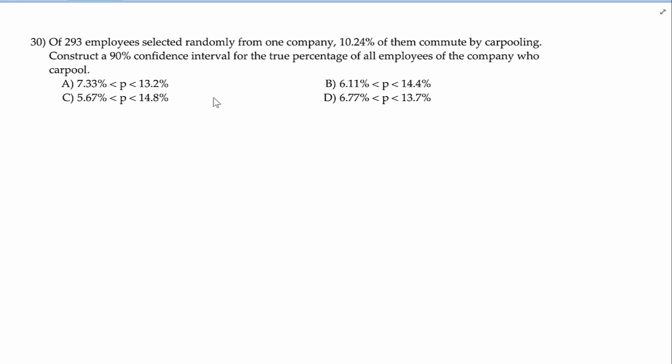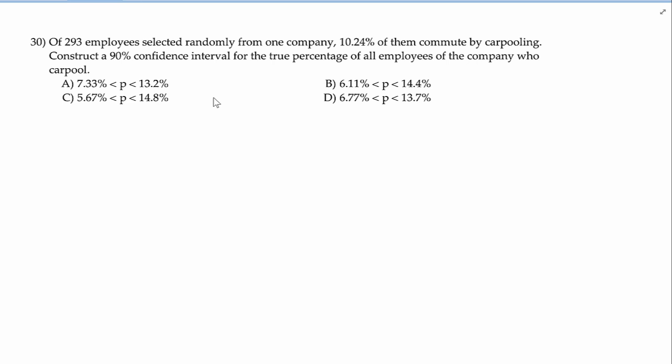All right, in this case, it says that of 293 employees selected randomly from one company, 10.24% of them commuted by carpooling. Construct a 90% confidence interval for the true percentage of all employees of the company who carpool. So let's do this with the decimal proportions because we're used to that, and then we convert to percentages, because otherwise we may get confused.